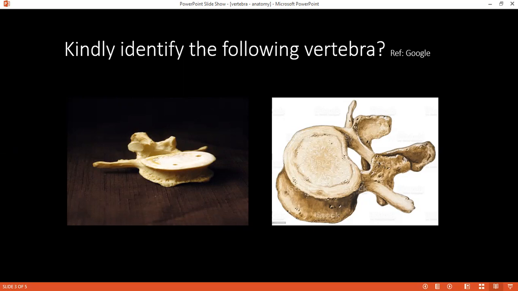Sorry, ma'am, I'm not sure about this actually. Feel free to guess. Yes, because the weight bearing increases from the first to the fifth lumbar vertebra, so the body of the vertebra thickens. Yes, good. It was very good.